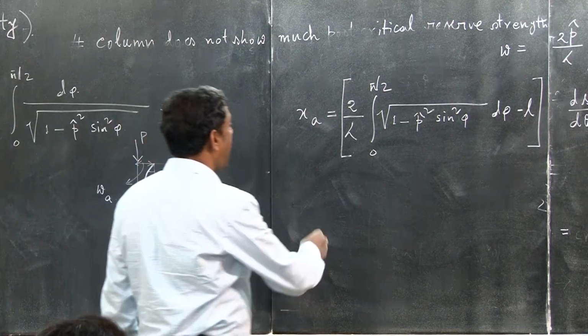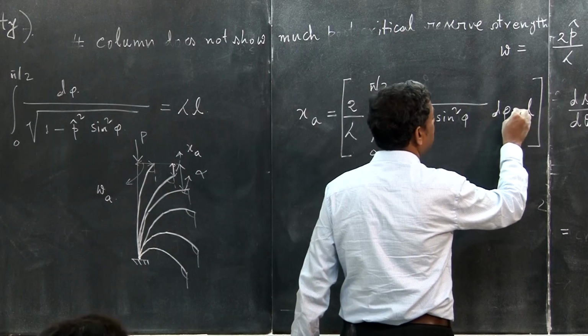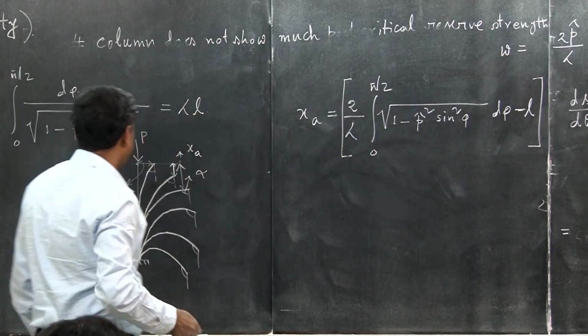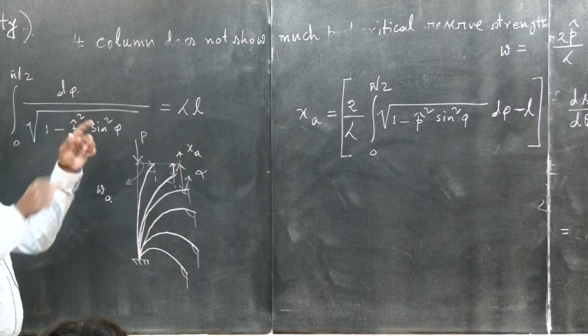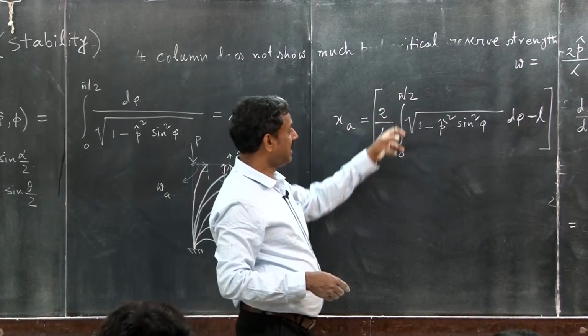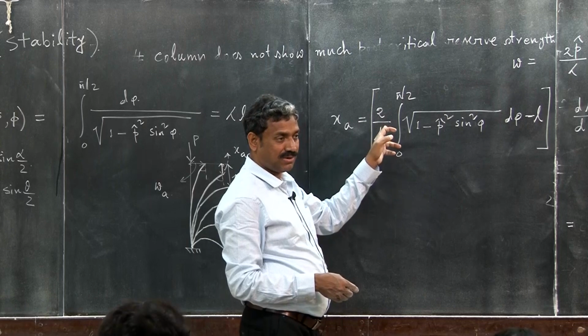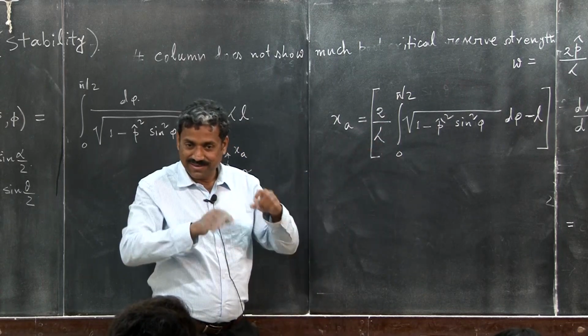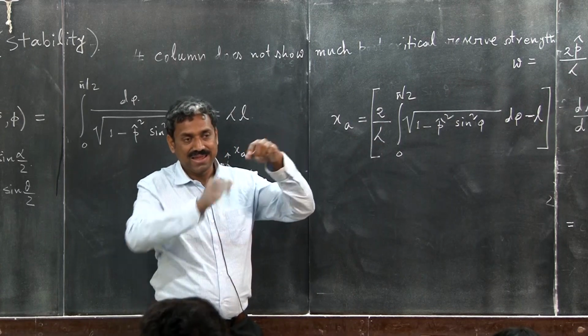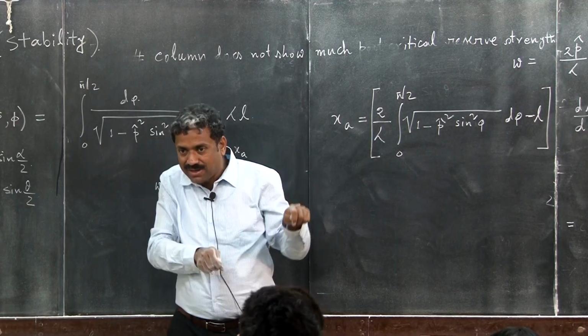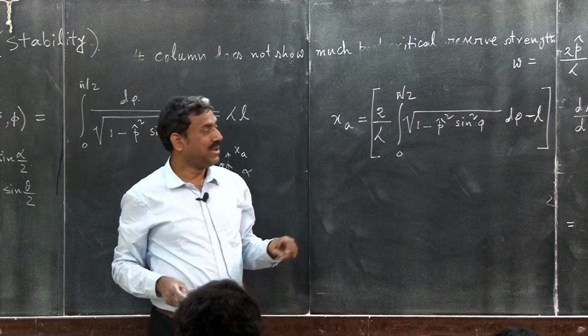Here, how this minus L is coming, please note that what we are doing is essentially integrating the arc length. The total length L is basically mapped into that arc, whereas L is straight.